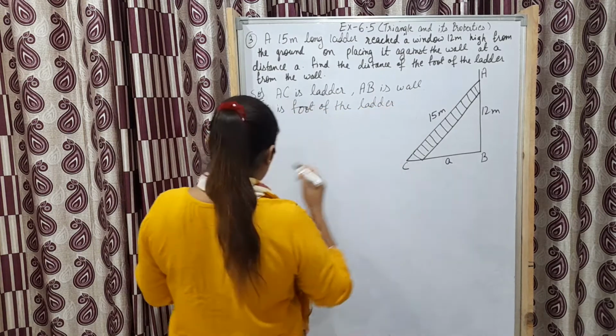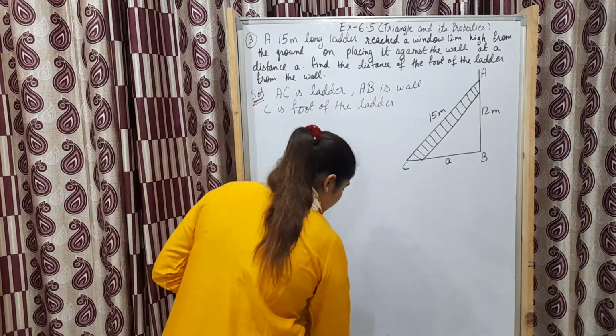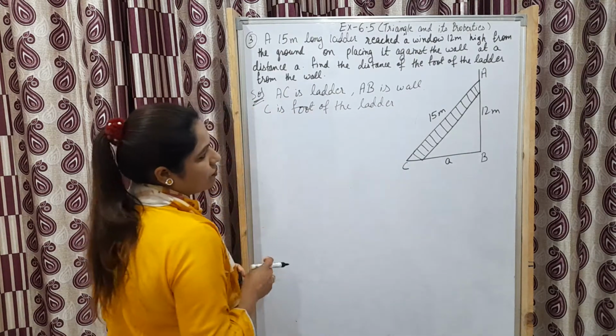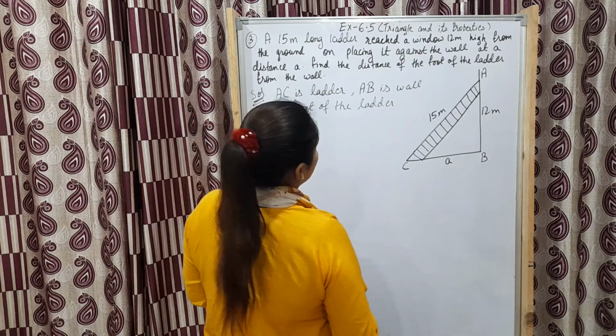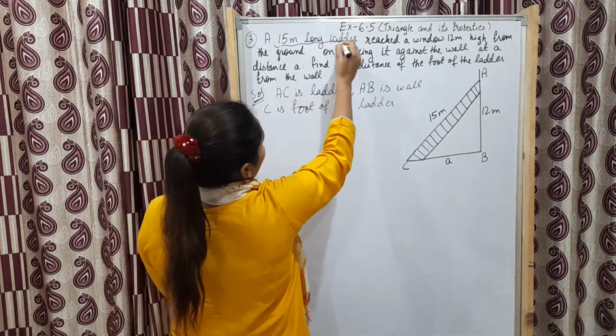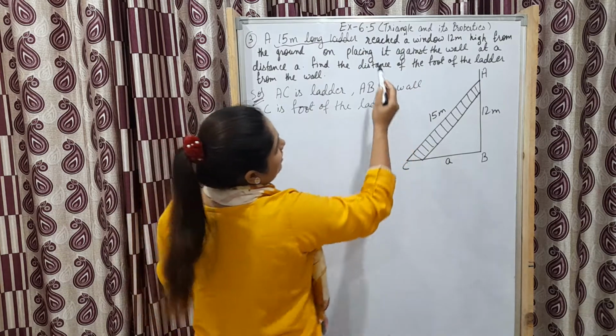So this one is given to us. Dimension is also given to us that AC is 15 meter. They are saying a 15 meter long ladder. This one is 15.